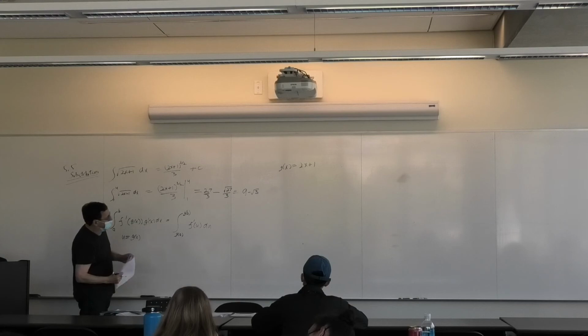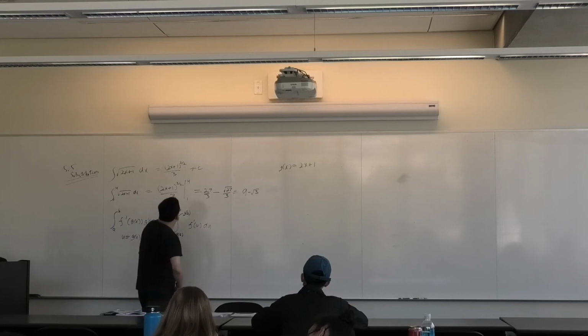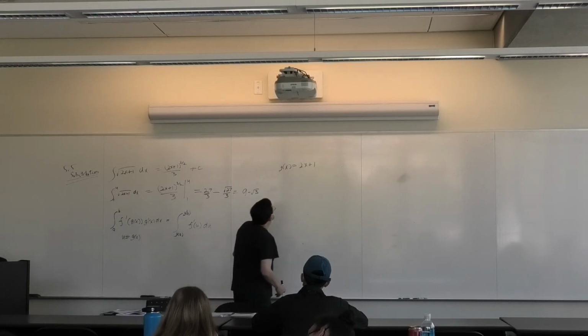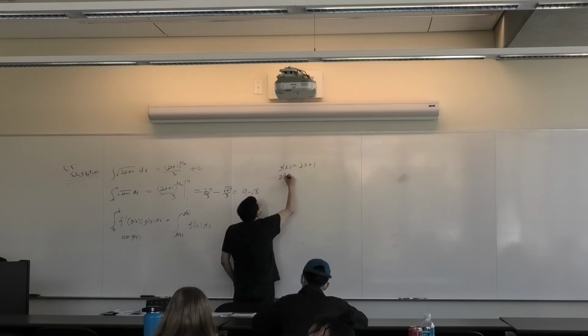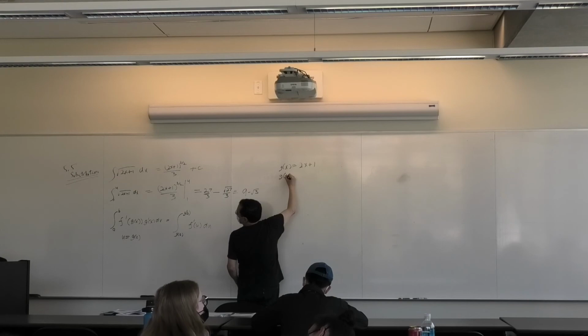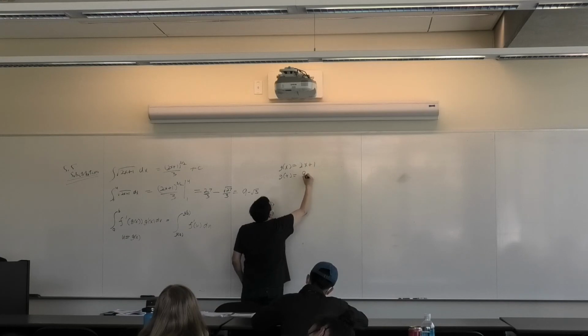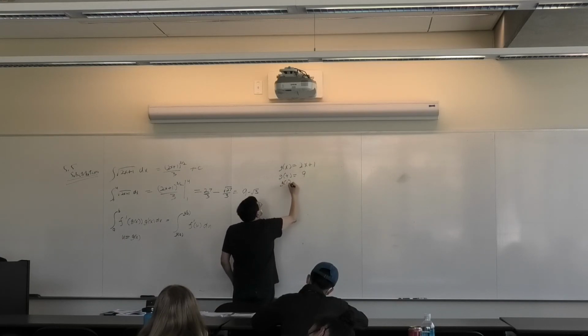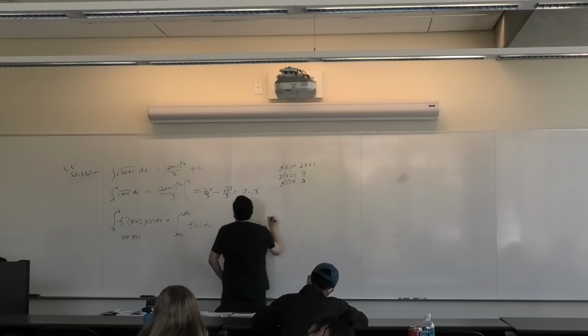Yeah, that's how we did it. So g of 4 is what? 9. And g of 1 is 3.